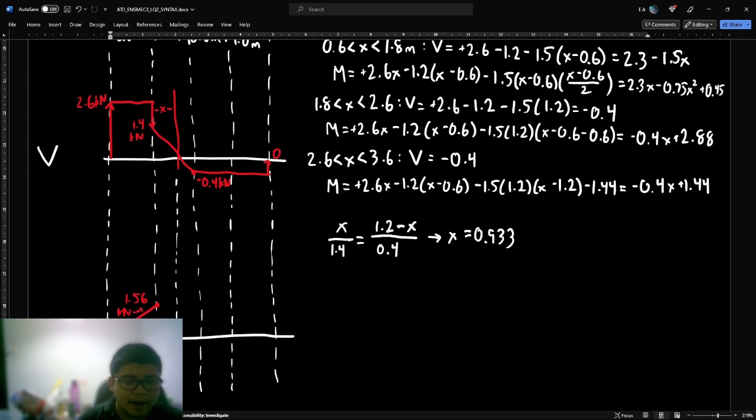Next, here we have a triangular area with the base equal to x, which is 0.933, and the height equal to 1.4. So getting the area of the triangle, we are going to be getting an additional 0.5 times 1.4 times 0.933.